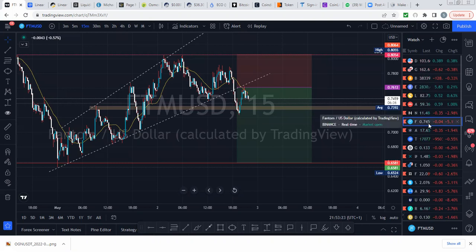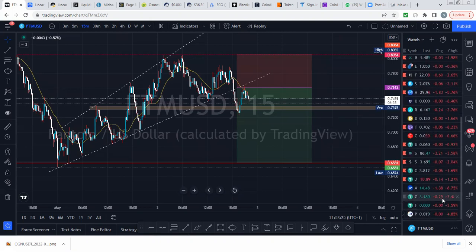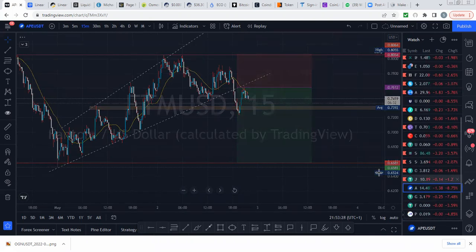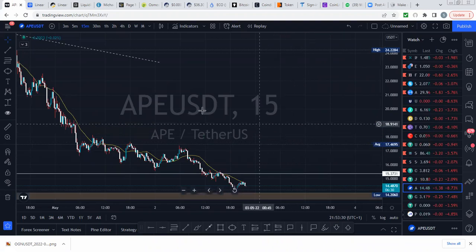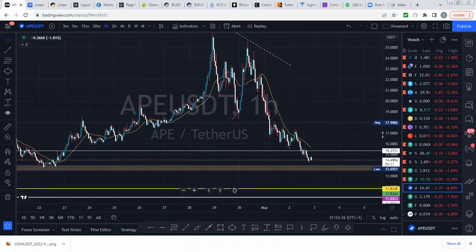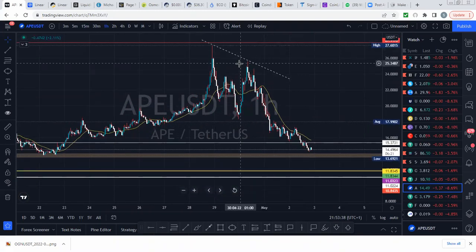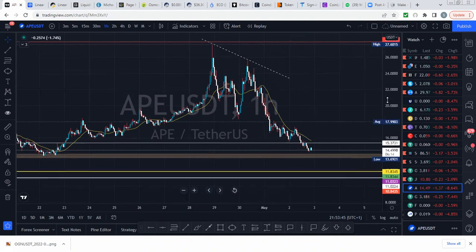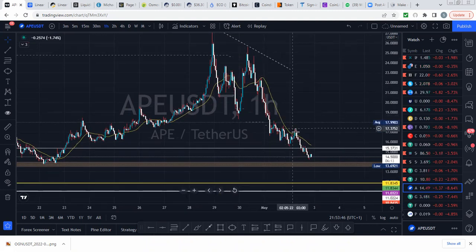When BTC was pumping, Ape was pumping, right? Now Ape has dumped so much. This coin really dealt with me, honestly. I wanted to short this coin, but the coin keeps going up. I wanted to swing this trade, hold it to $11.